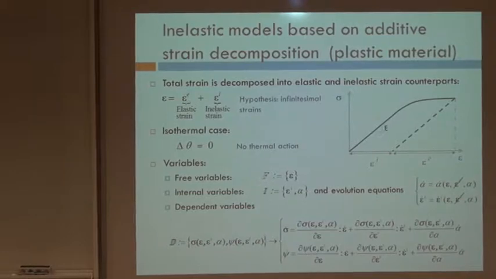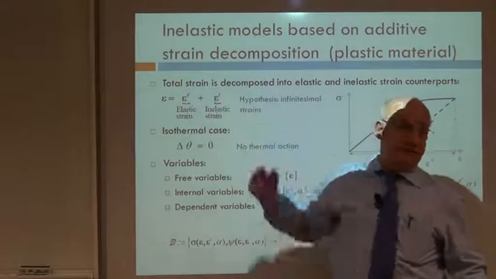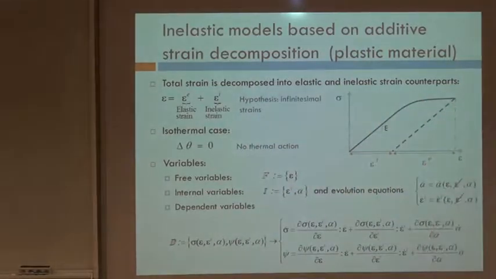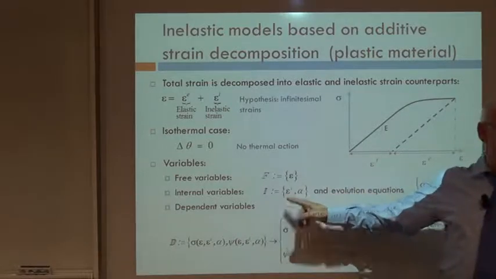And that translates at the macroscopic level into something which is, as I told you, internal variables. Internal variables are the way in which we incorporate, at the phenomenological level, at the observable scale, phenomena that are occurring at the lower scale, okay? So this is an internal variable.